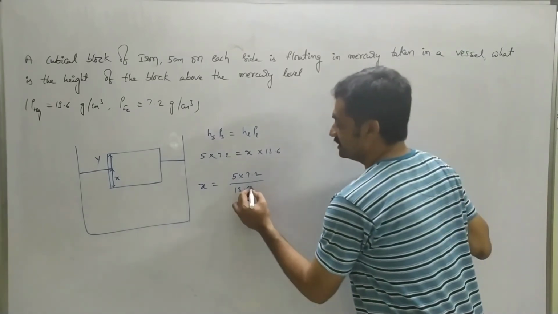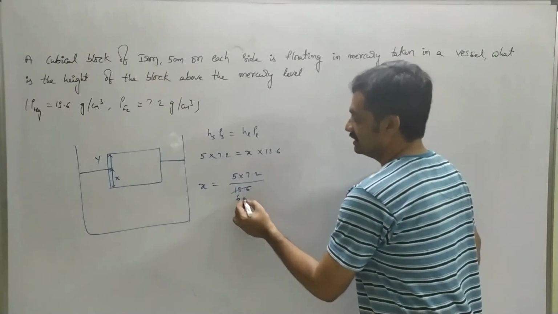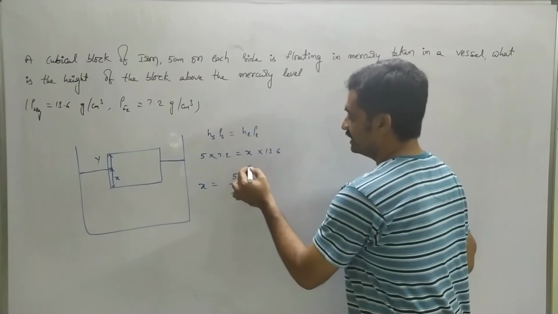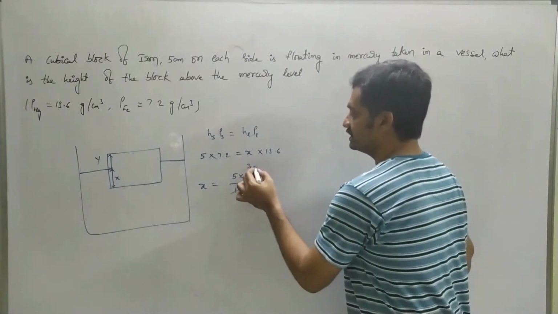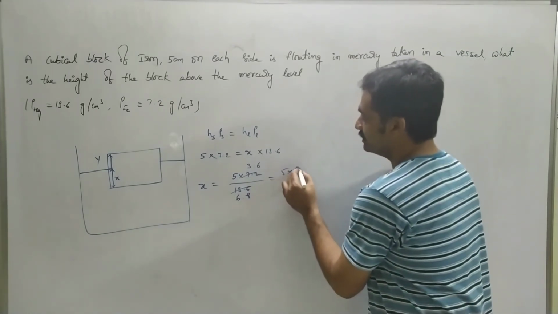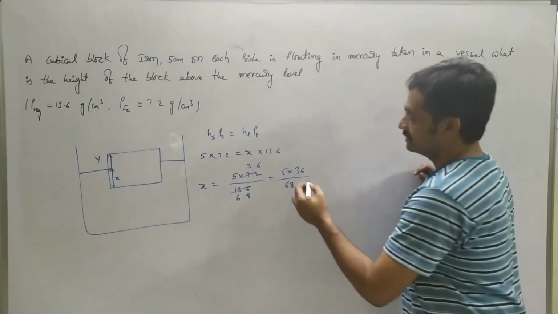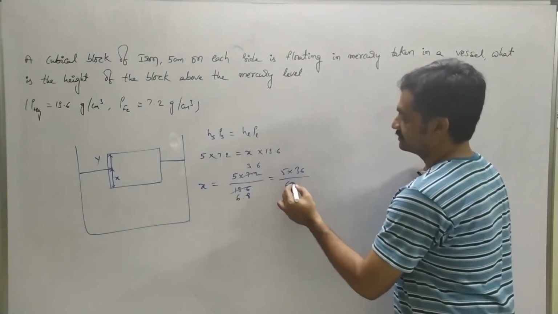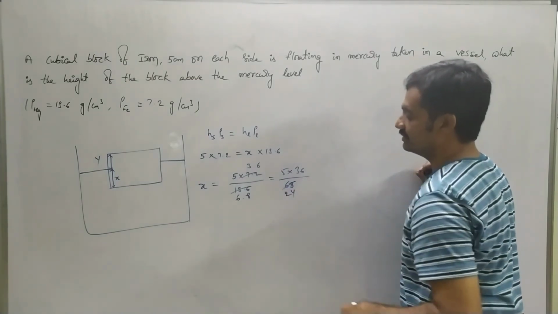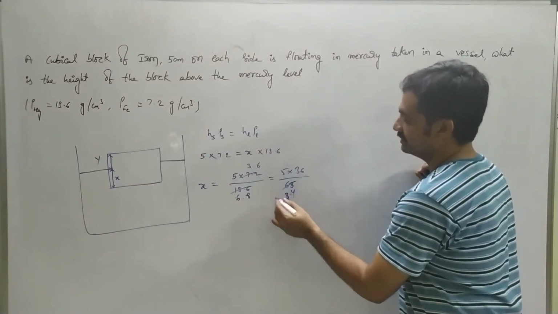So here observe that 3 sixes are 18, next 16, 8 twos are 16, and here observe that 3 twos are 6, 6 twos are 12. So here we get 5 into 36 by 68. So here 3 twos are 6, 4 twos are 8, 34.